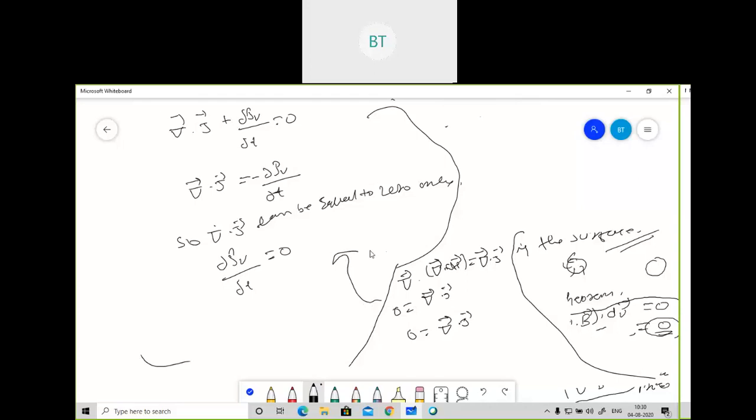The task you are going to implement is, you need to find how those equations are coming, how I have proved this del rho v by del t equal to 0.